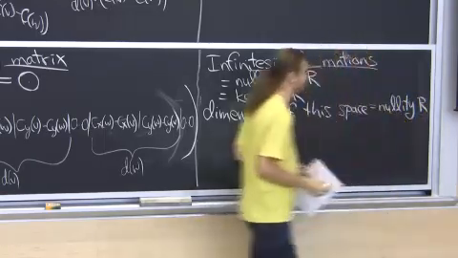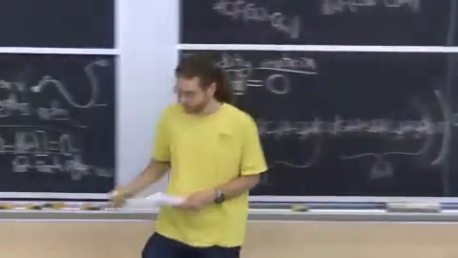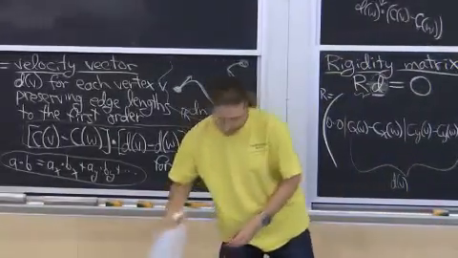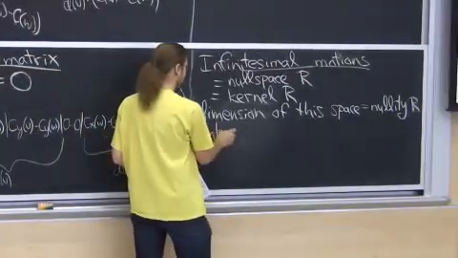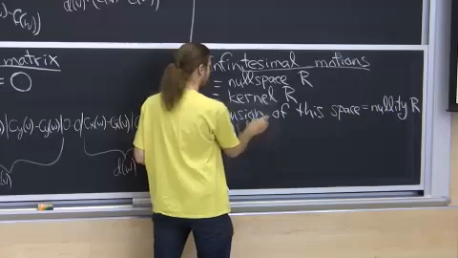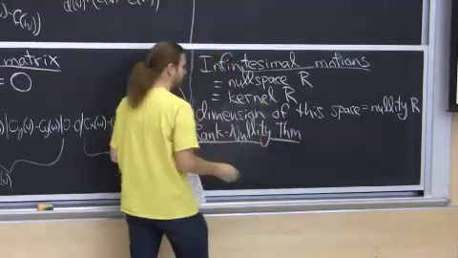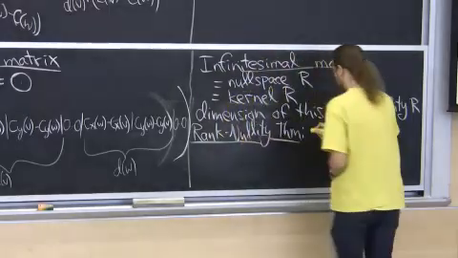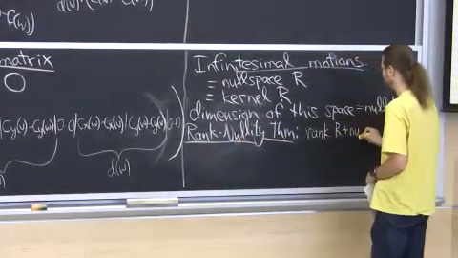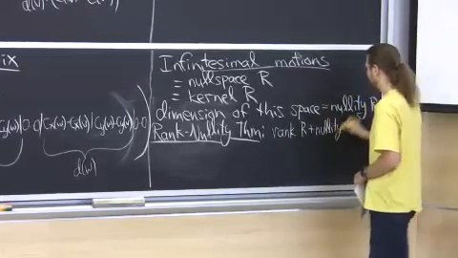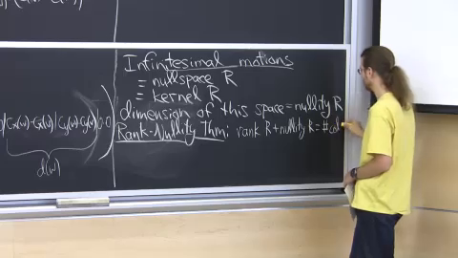That's just a definition. But there's a fun theorem called the rank-nullity theorem from linear algebra, which says if you have a matrix, you take its rank, which is another quantity, you take its nullity, you add them together, it will be the number of columns in your matrix.